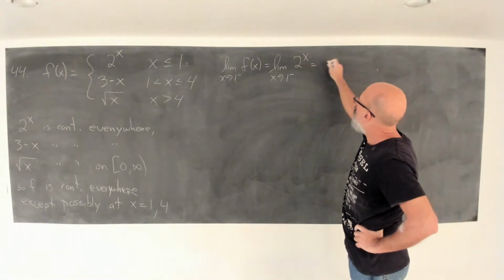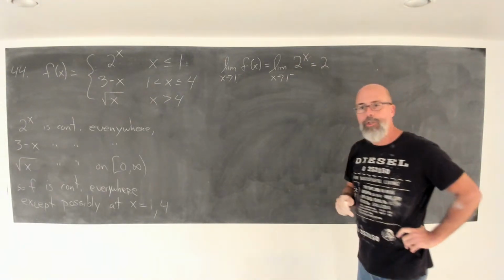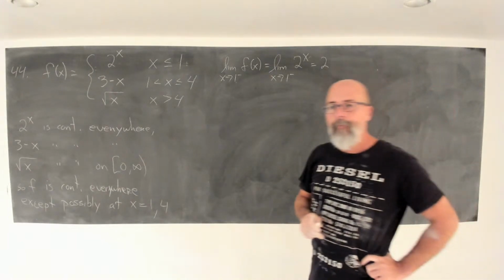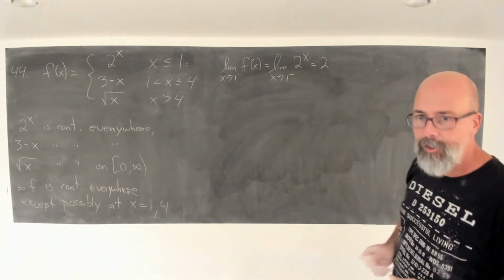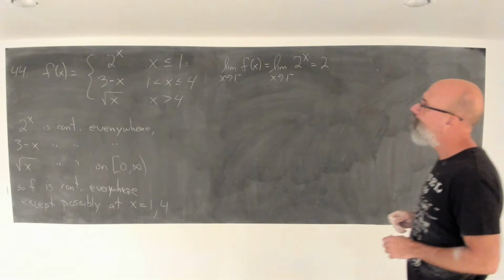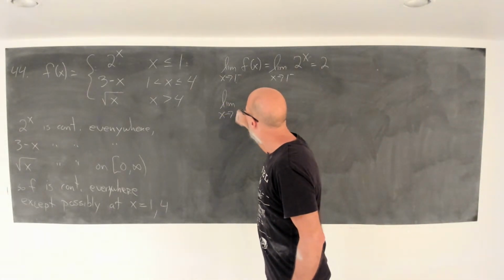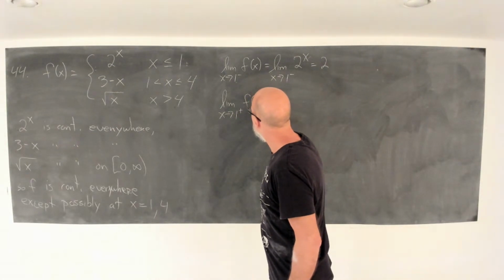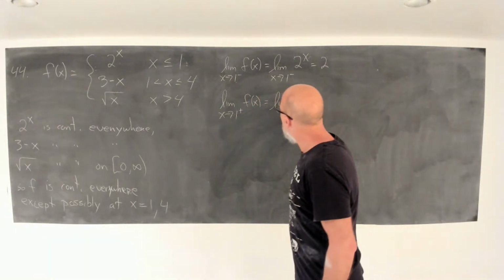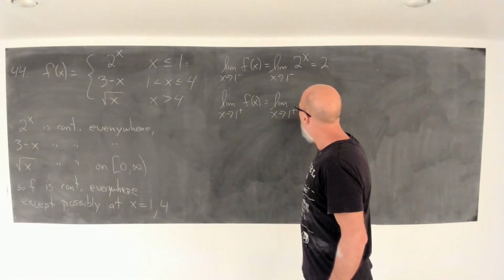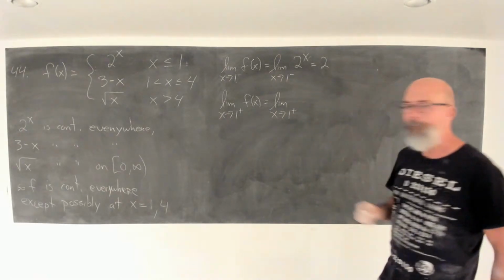This limit is just 2 to the 1, which is 2. Right? By continuity of the exponential function. What about limit as x goes to 1 from the right? What is your function for values bigger than 1?